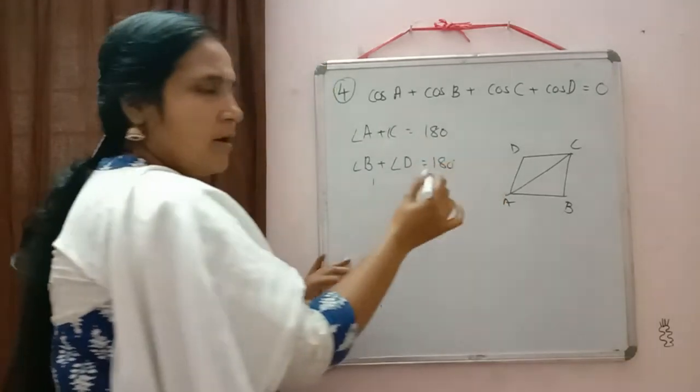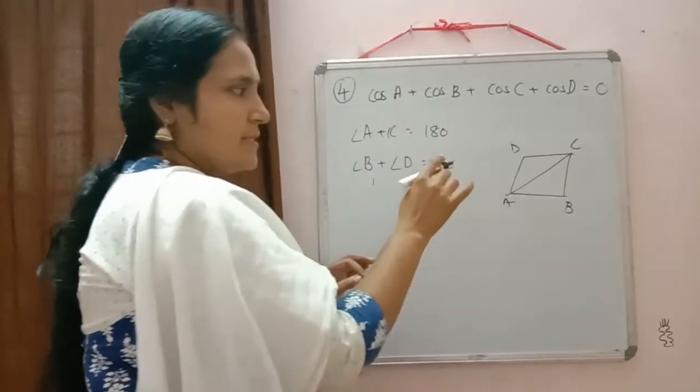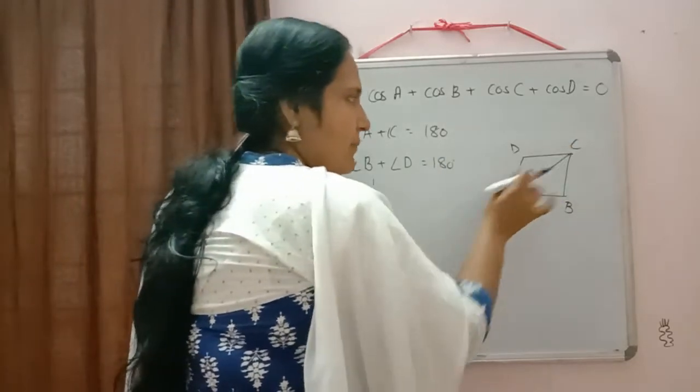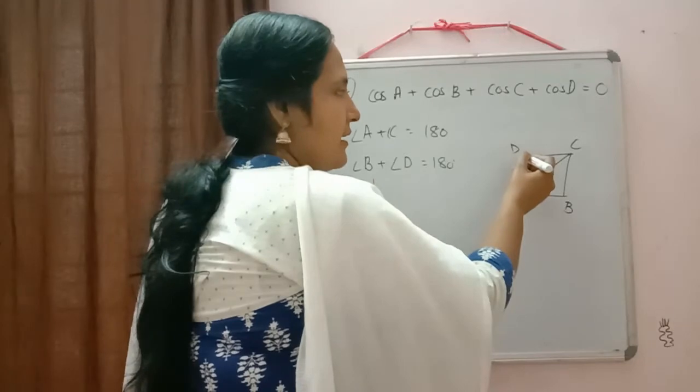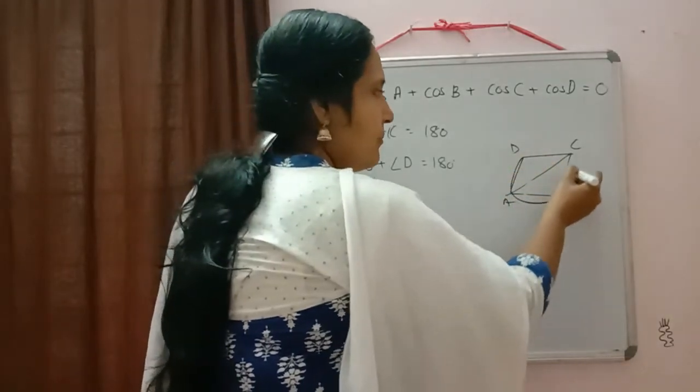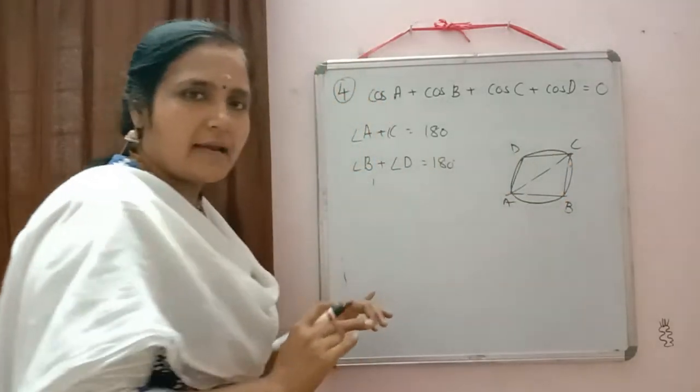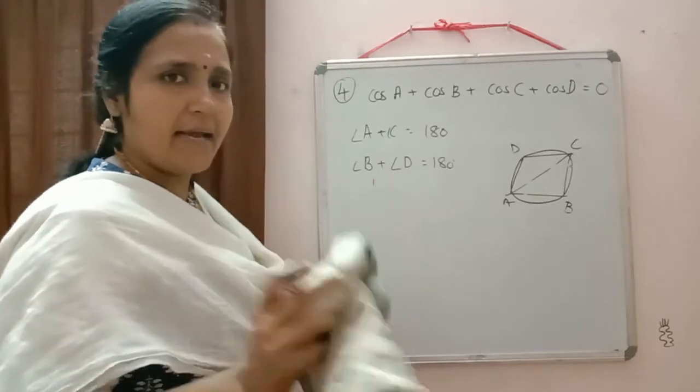So if you draw a circle through these points, all points will come on the circle. That is the meaning of cyclic quadrilateral.